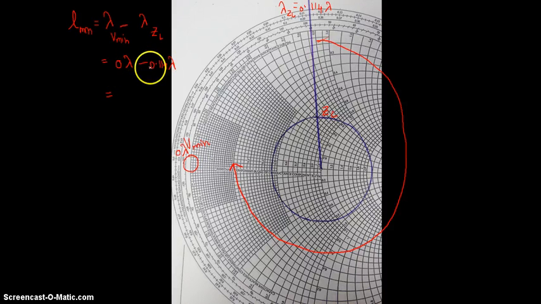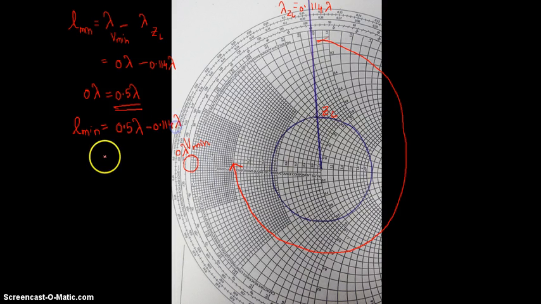We also know that 0 lambda is equal to 0.5 lambda, because one full circle of a Smith chart is equal to 0.5 lambda. So instead of 0 lambda, I am going to substitute 0.5 lambda minus 0.114 lambda, which is equal to 0.486 lambda.